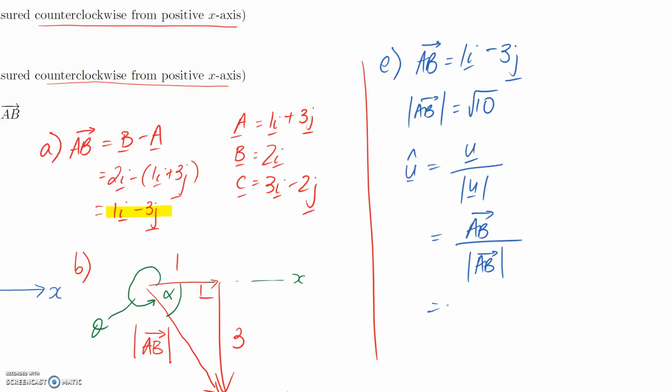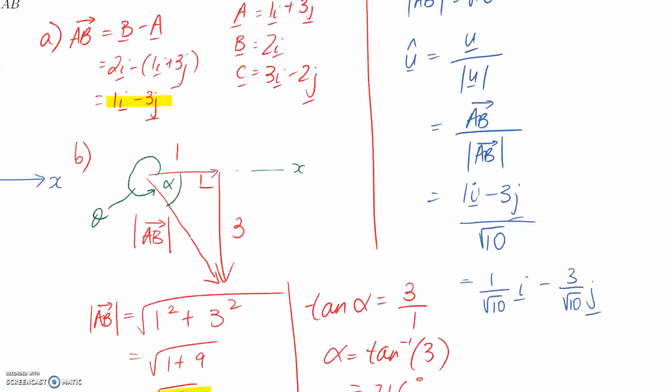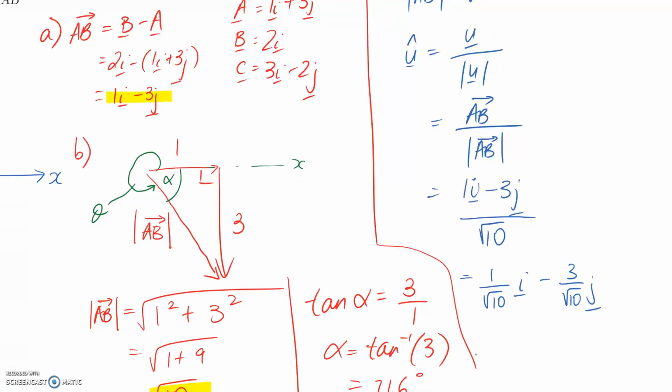So let's substitute that in. We've got 1i minus 3j divided by the square root of 10. And we can make that look a little bit neater. You could write it as 1 on square root 10 i minus 3 on square root 10 j. Okay, that's all there is to it. So that there is a unit vector in the direction of our AB vector.